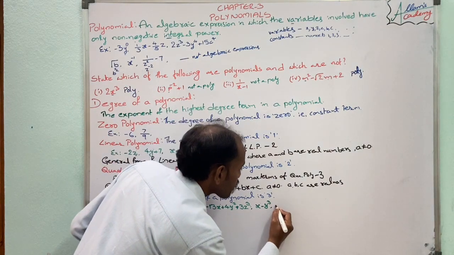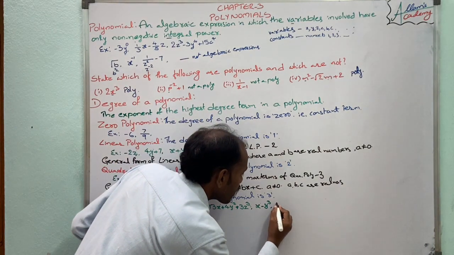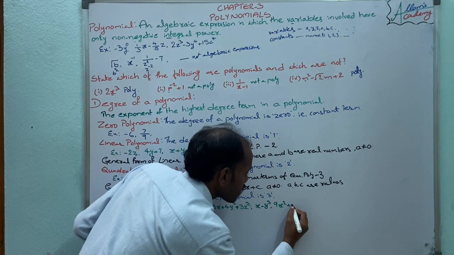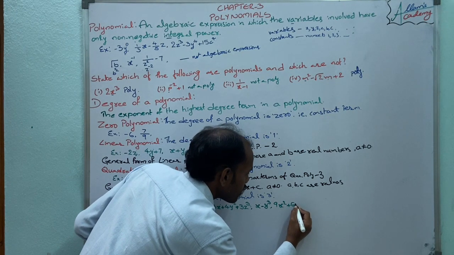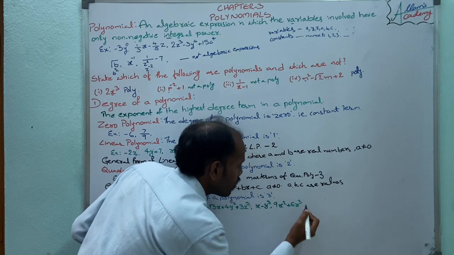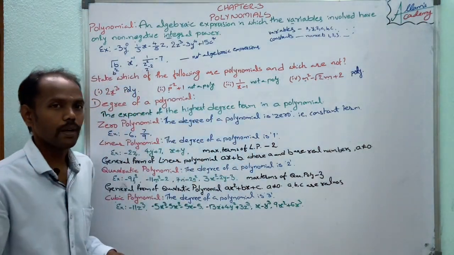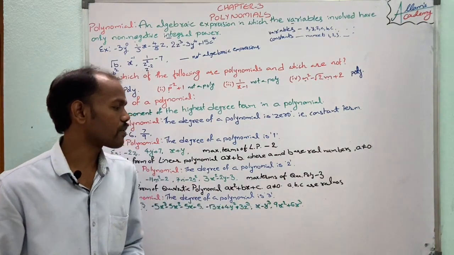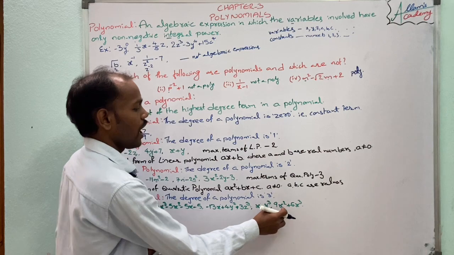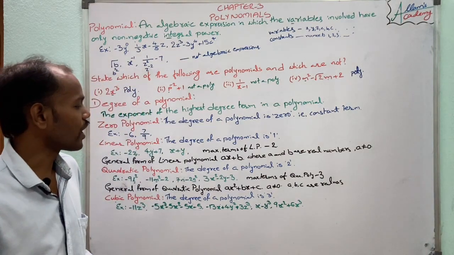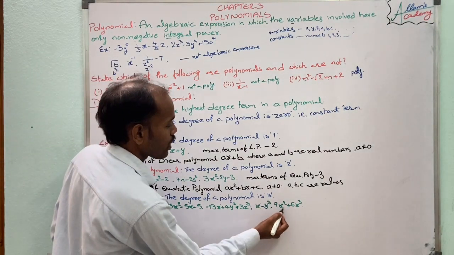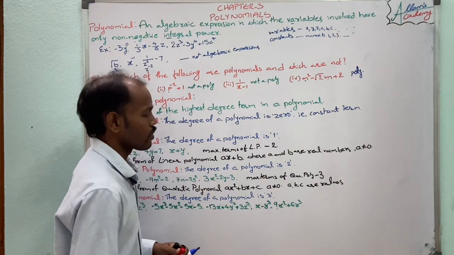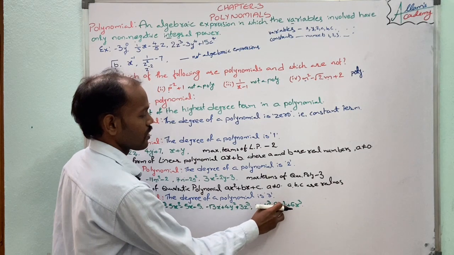And 9x square plus 6x cube. Now in this example, it has only 2 terms, 9x square plus 6x cube, and both terms have the same variable x. The first term, 9x square, has exponent 2, so its term degree is 2.